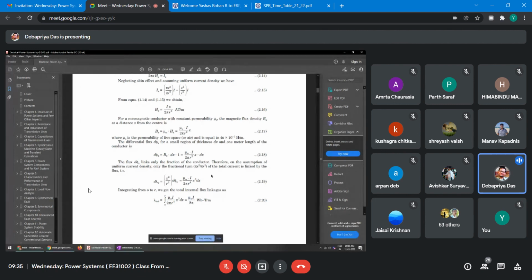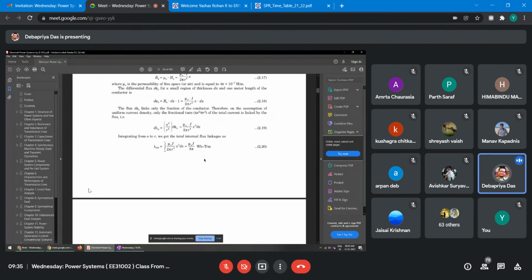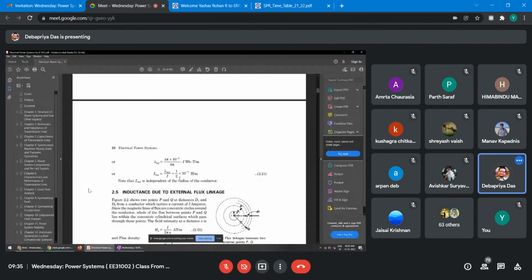You find out whether there is any effect of temperature on inductance, because inductance is computed based on the magnetic field. Then you have to think whether temperature has any effect on the magnetic field or not. So this internal inductance will remain constant irrespective of the radius of the conductor: half into 10 to the power minus 7 Henry per meter.